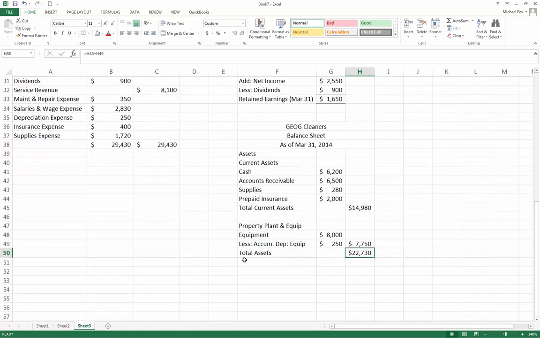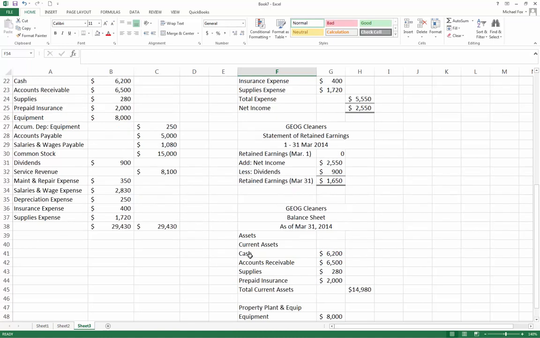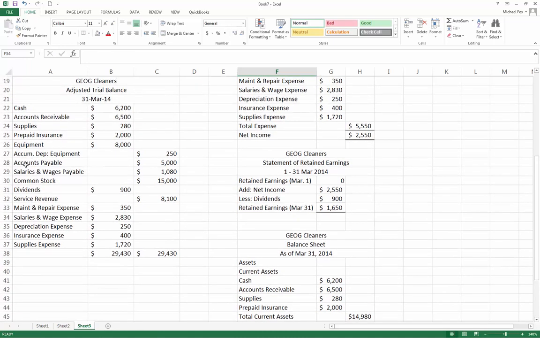Then we have our liabilities. And that'll be broken into current liabilities, which will include our accounts payable, and our wages and salaries payable.